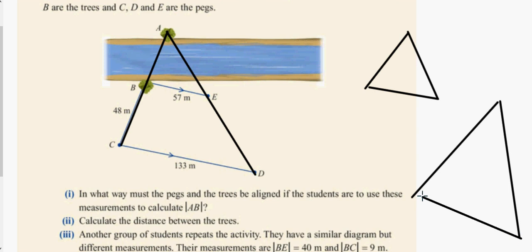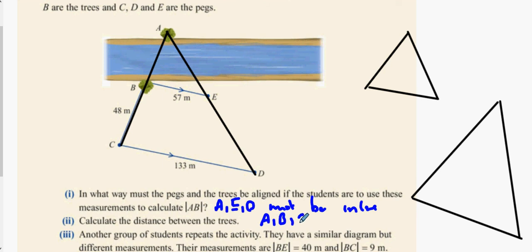So the answer to question 1 is the pegs A, E, and D must be in a line, and A, B, and C must be in a line. Peg C has to be in line with A and B when you're looking through peg C, and pegs D and E must be in line with peg A.